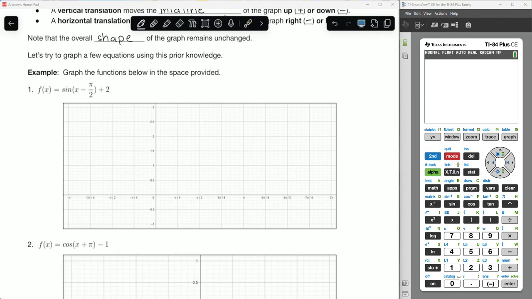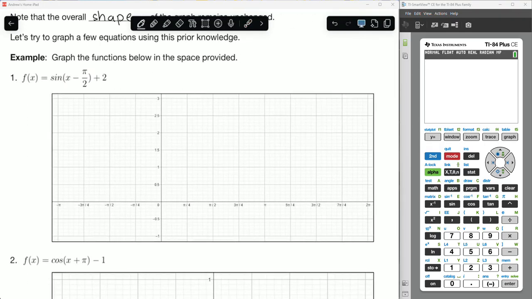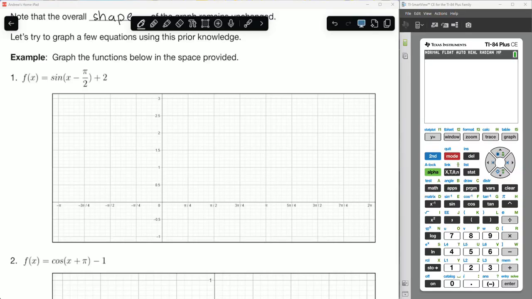All right, so we're going to go ahead and start with graphing sine of x minus pi over 2, plus 2. And the very first thing I'm going to do, in pink, is graph its parent function, sine x.